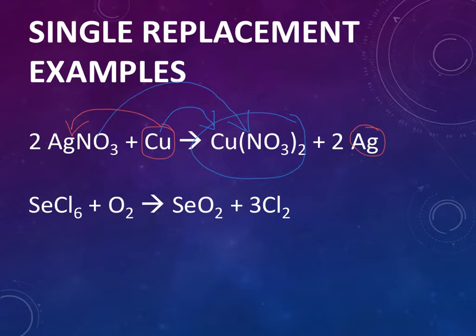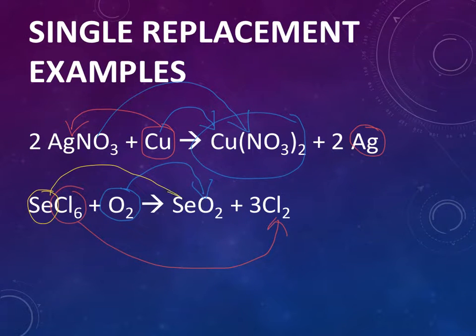So when we do that, this becomes this, and then the chlorine becomes a free chlorine over here. Just because it has a 3 here doesn't mean it's not free. It's just not bonded to anything else, right? And the thing that stays the same is the selenium. The selenium stays the same in both cases.